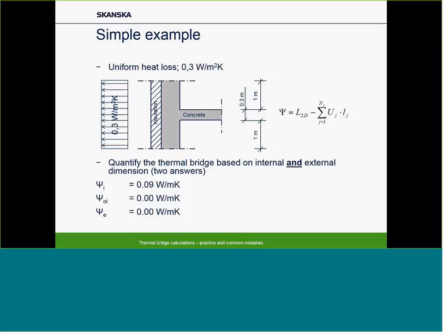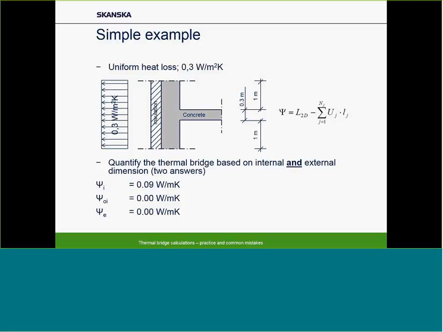And as you can see here, down below, I have given all the possibilities: internal dimensions, overall internal dimensions, and external dimensions. And as you can see, quite naturally, if you use overall internal measuring or external measuring, the specific value for the thermal bridge is 0 watts per meter Kelvin.